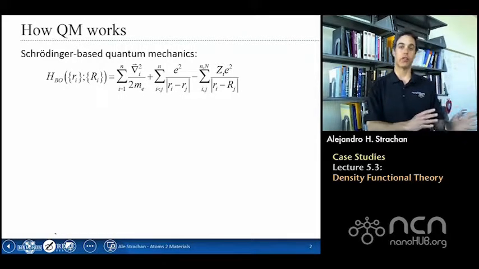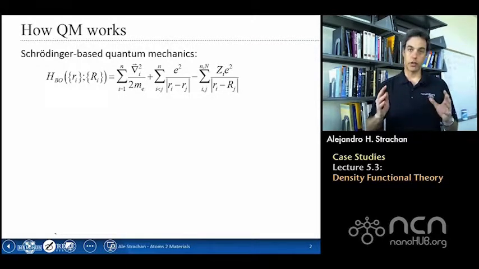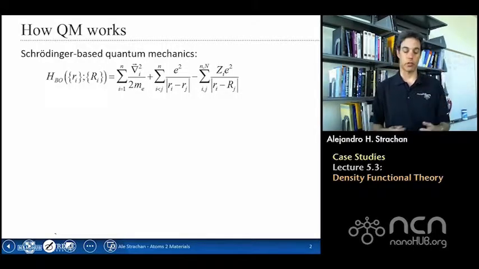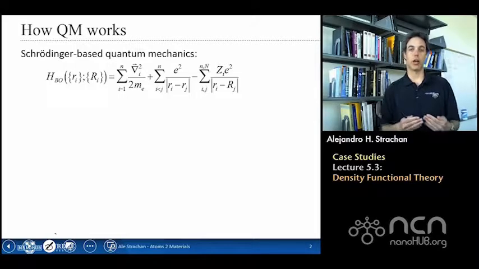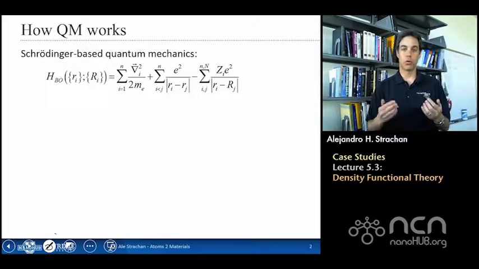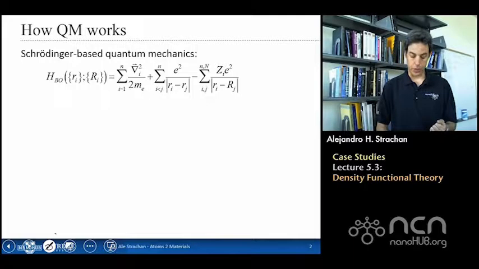DFT takes a very different approach, at least in its foundations, with respect to Hartree-Fock and Hartree theory that we've been discussing. So we'll take a step back and think a little bit about how quantum mechanics works and what's at the heart of DFT.